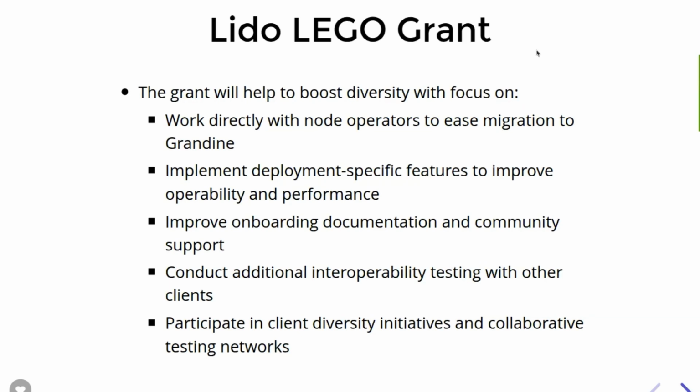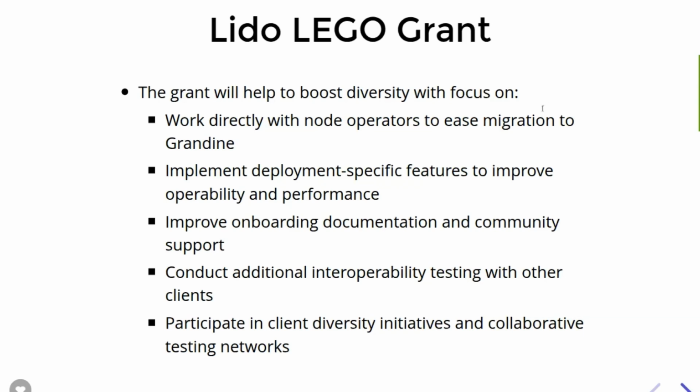Sorry, it's not that huge an issue that cannot be solved. We just need to shave off a few percent of these most popular clients, and then we would be able to switch to the mode where no client has more than one third of the share, and that's the real desire that we have, and hopefully this grant will help to achieve that.